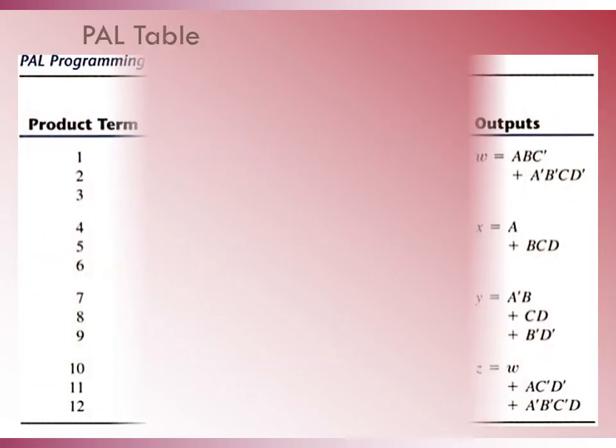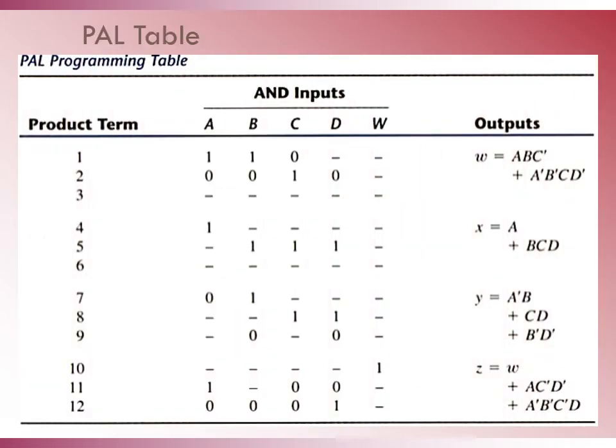Now for the PAL table, we make the programming in the following manner. The right hand side of the table consists of the column for the outputs, namely W, X, Y and Z. Now corresponding to each output, for example W, as the size of the PAL is 3 product terms, so on the extreme left hand side of the table we have shown 3 product terms, that is 1, 2 and 3 corresponding to W. Likewise for X, Y and Z also there are 3 product terms mentioned on the left hand side of the table.